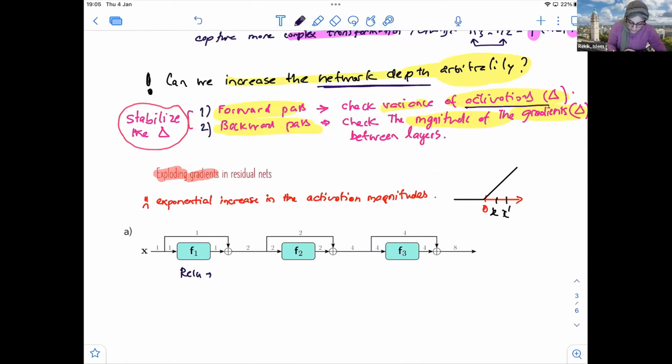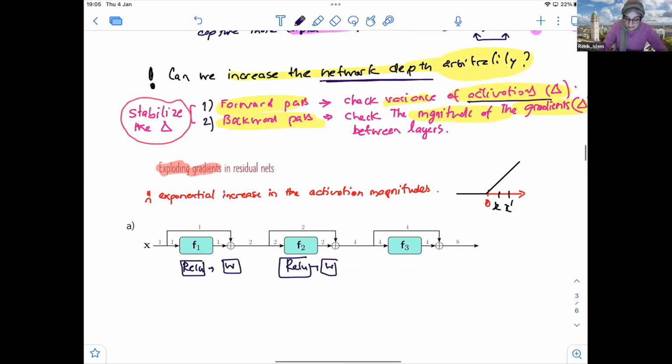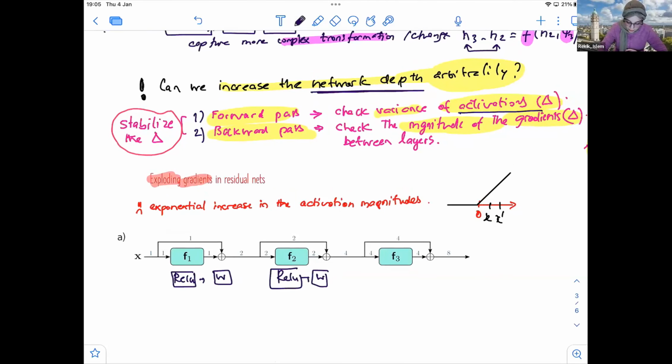And we have a linear transformation encoded by W. So every time you apply a ReLU and a linear transformation, because you're adding the same signal back here, somehow you're magnifying the values. Every time you apply a ReLU, the signal that goes into the ReLU function, which is the first operation in this building block, in the blue block.